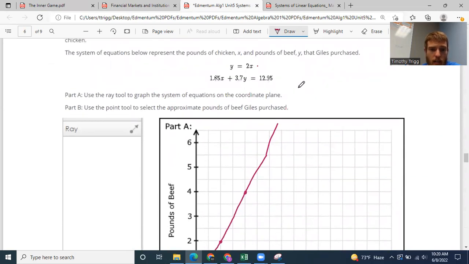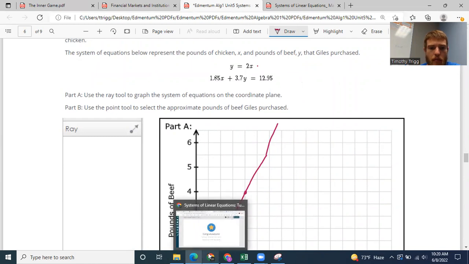The second equation is quite a bit more of a pain. Let me go ahead and graph this on Desmos here, I would say. So I've got 1.85x plus 3.7y equals 12.95.